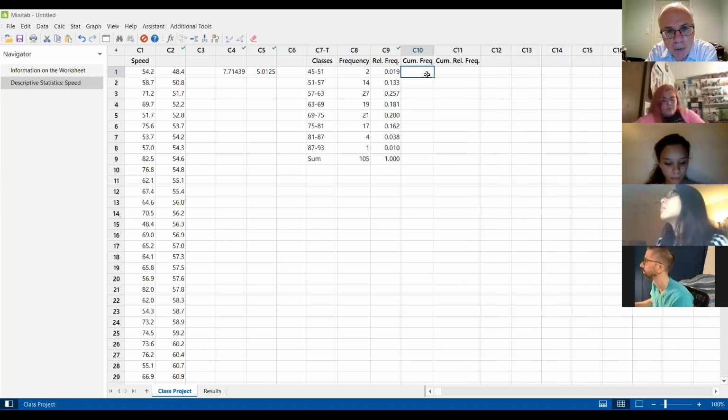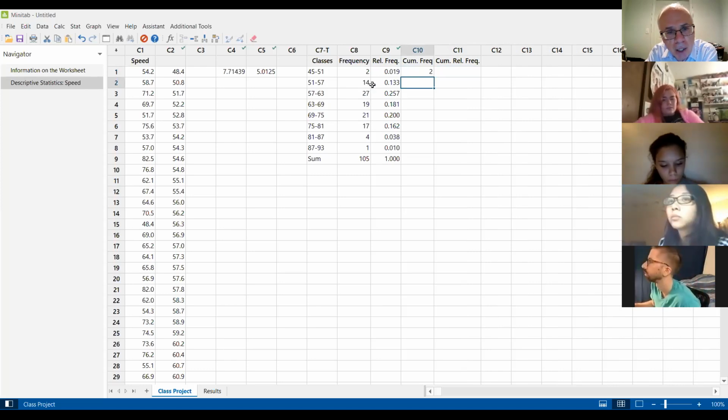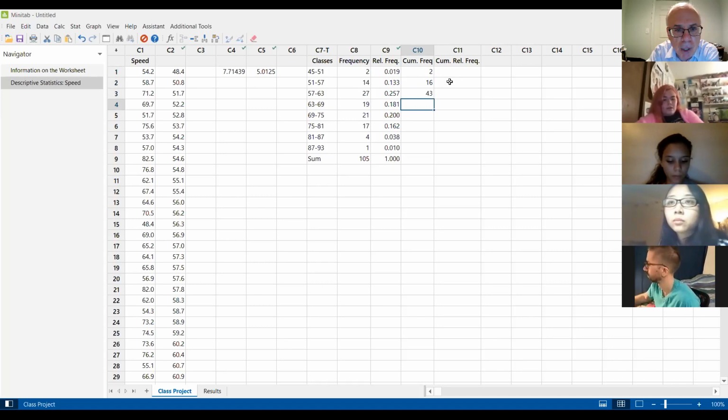For the first class, there's no other classes before it, so the cumulative frequency is 2. For the second class, it's the class's frequency plus the previous cumulative frequency, so it's 2 plus 14, which is 16. The next cumulative frequency for class number 3 is 27 plus 16, which is 43. This one is 43 plus 19, which is 62. You see it's like a running total.